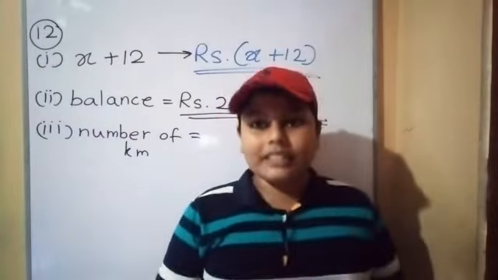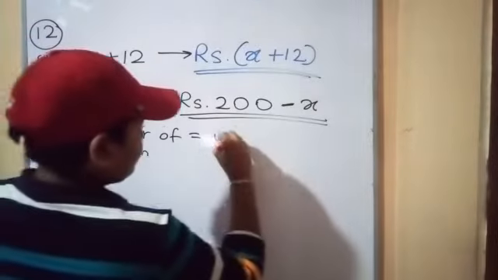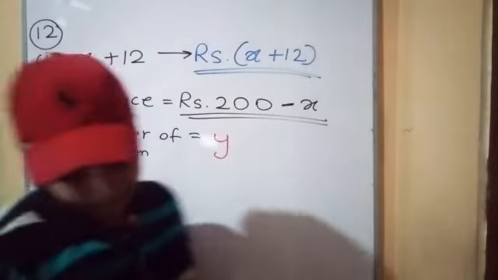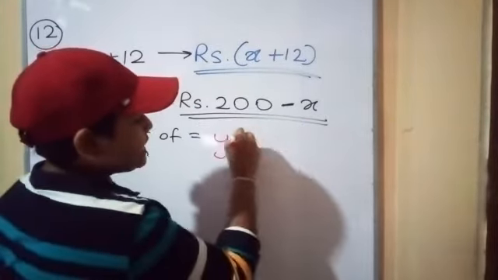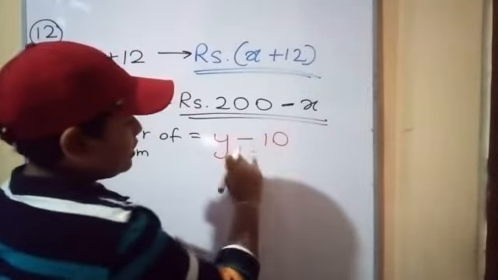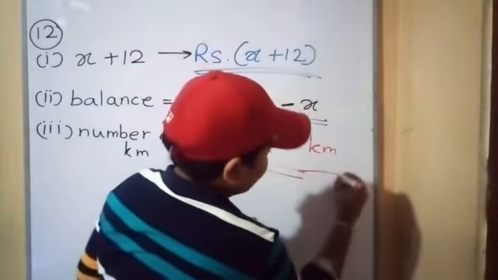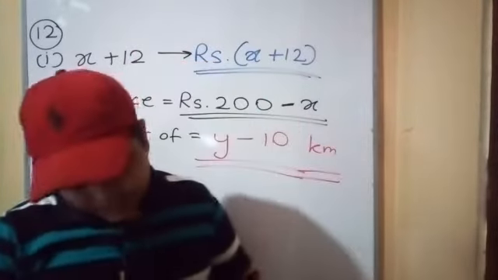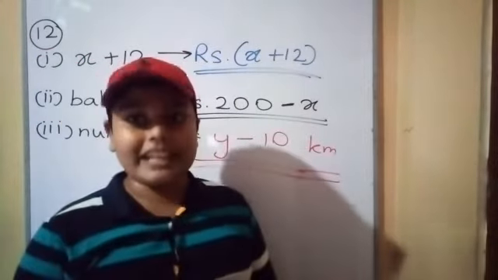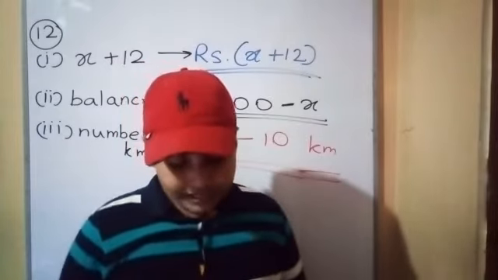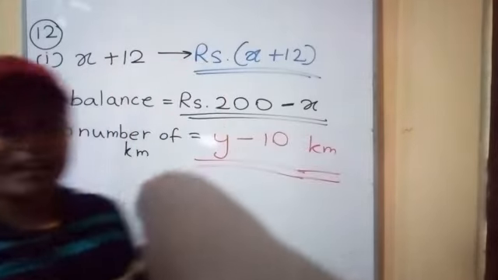The vehicle can travel Y kilometers. If the vehicle travels 10 kilometers, the remaining petrol means subtract, so Y minus 10 kilometers. They asked: if the vehicle travels 10 kilometers for the 1 liter, write down the number of kilometers in terms of Y that the vehicle can travel by using the remaining petrol.